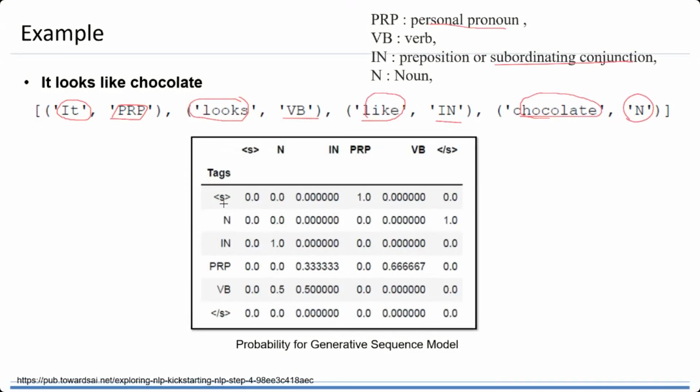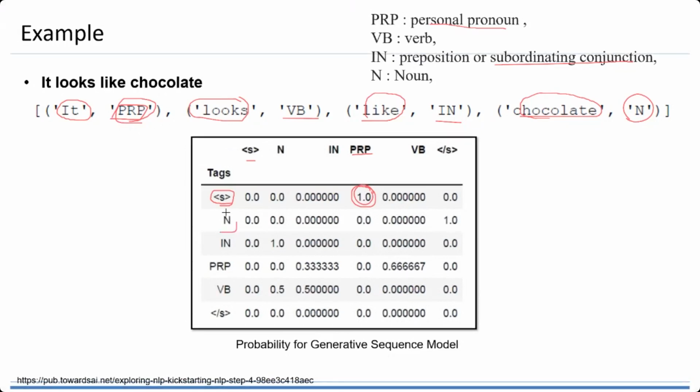For every one of these, we can present the probability. So the start is PRP, the probability is 1. Then we know that this will always be the beginning of the sentence, because the probability is 1.